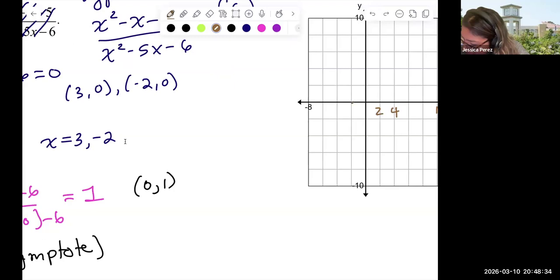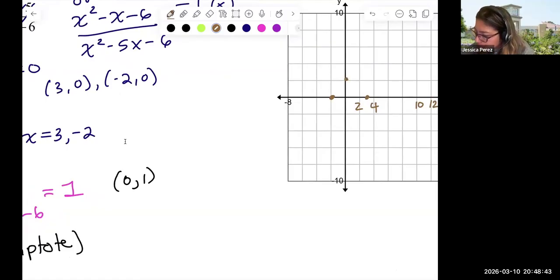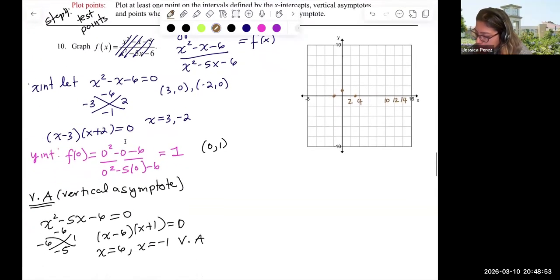So negative 2 is right here, and 3 is about right here. Remember, they're by twos. And then we said 1. So 2, 4, 6, 8, 10. So 1 should be in the middle right here. And then the vertical asymptotes are going to be at negative 1 and 6.